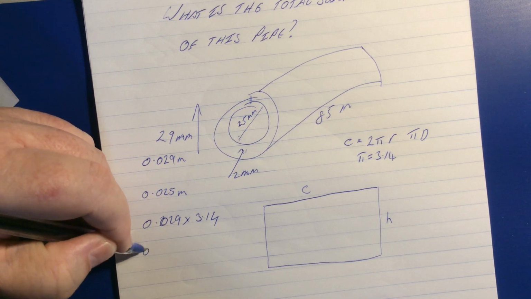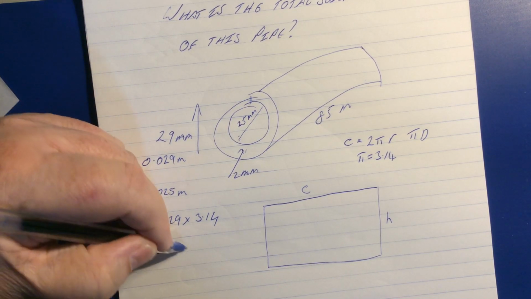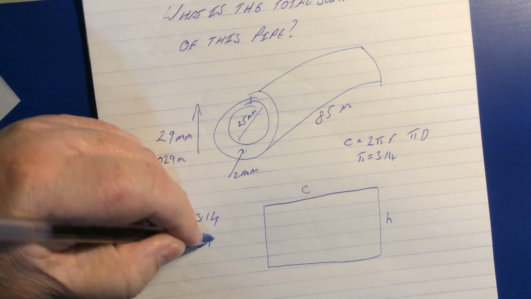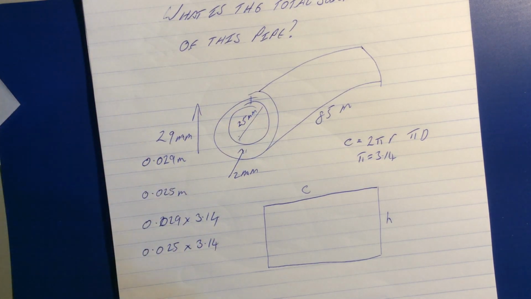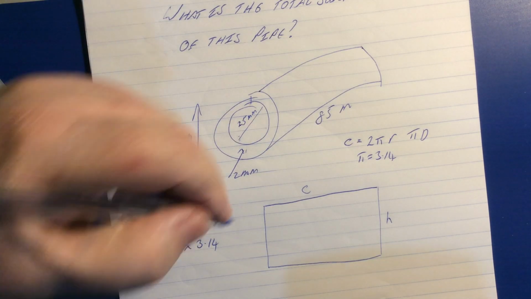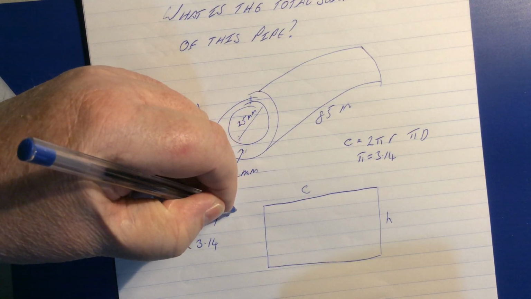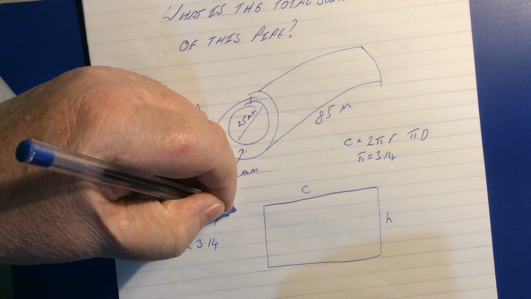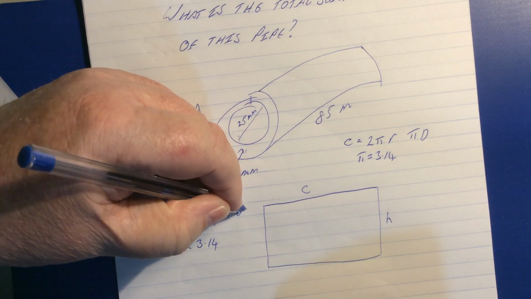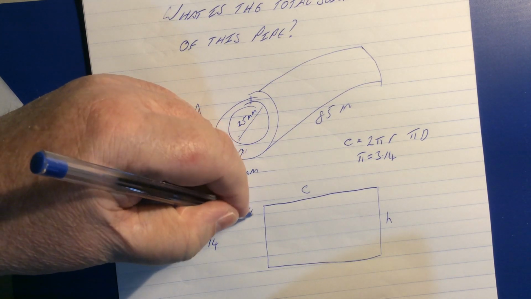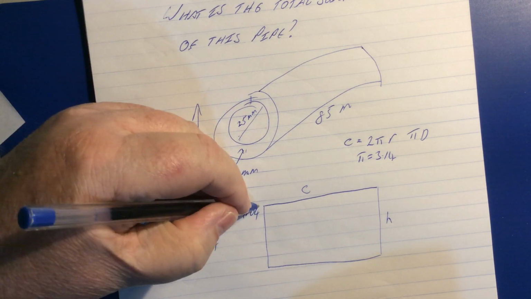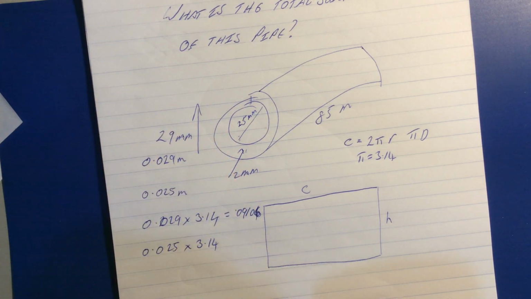And for the inner one it is 0.025 times 3.14. Okay, let's work those out quickly. 0.029 times 3.14 equals 0.09106. That's a 6, not a 4. I don't know why I wrote a 4.